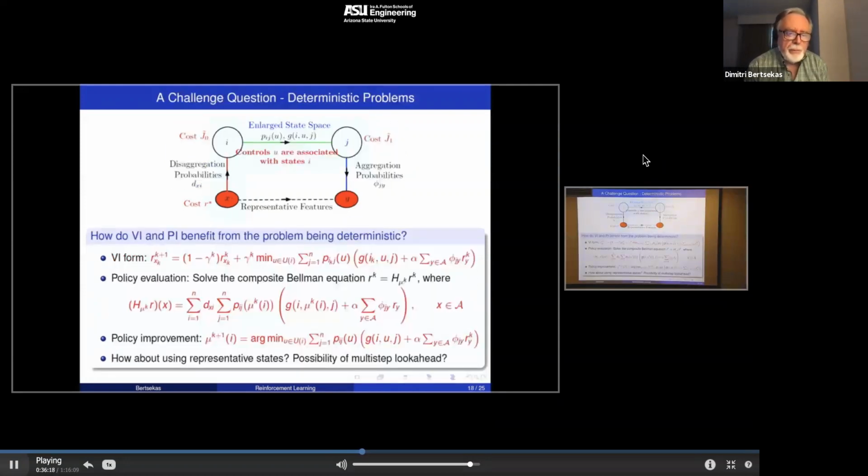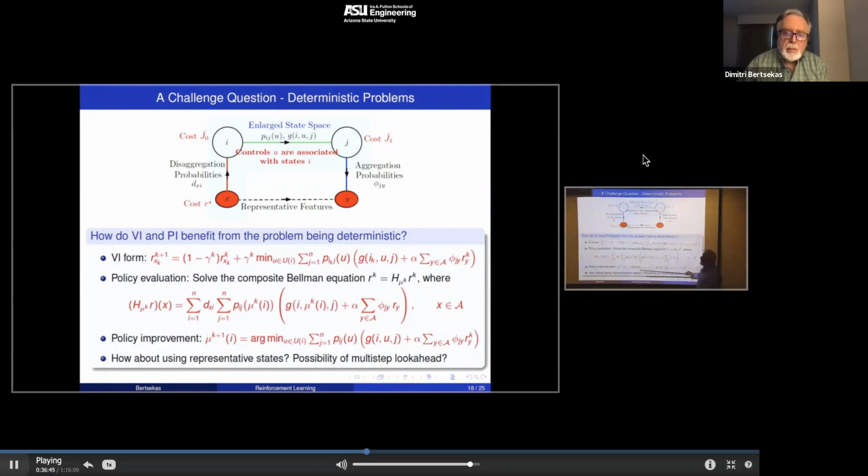Okay, so let's take a break now, and here's a challenge question to think about. We have this aggregate problem involving the large state space, involving these transitions here, and we aim to compute R star, J tilde 0, J tilde 1, which we're going to use in one-step look-ahead framework.